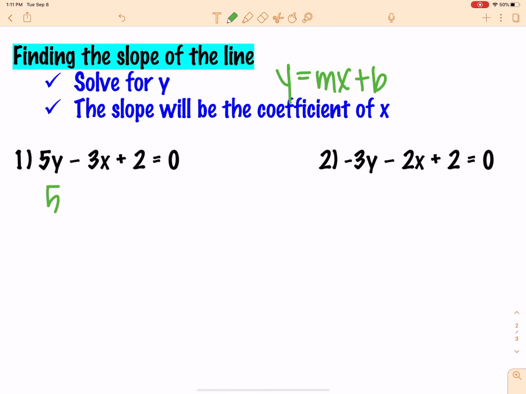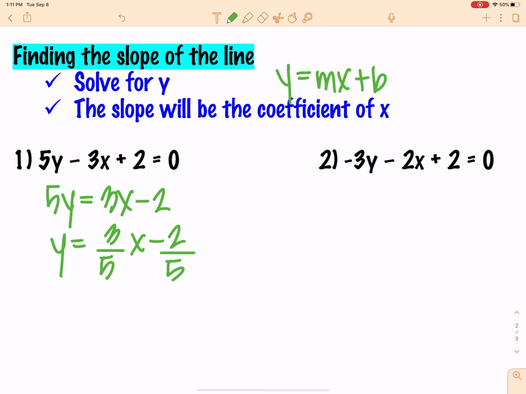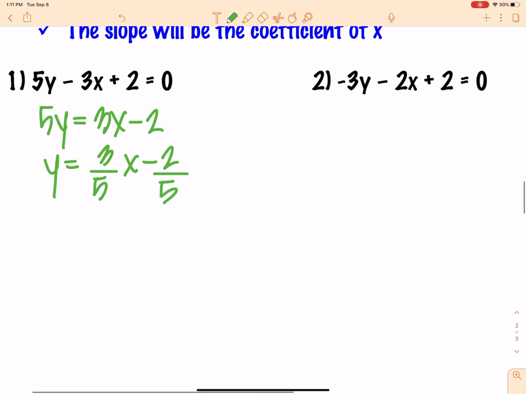Okay, so for the first one, we're going to bring over the 3x and the 2, divide everything by 5. And that way my slope is just the number that's in front of the x. So my slope here would be 3 over 5.